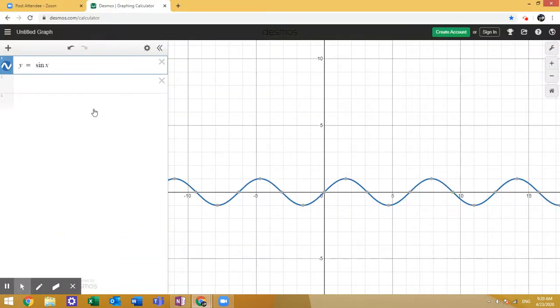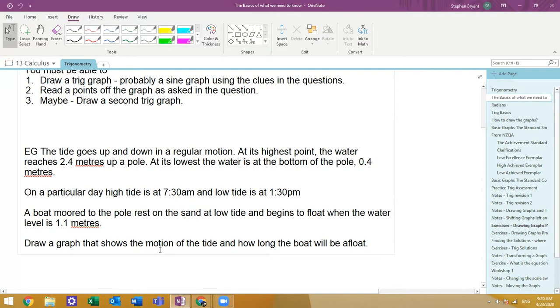I know my amplitude now is 2 meters divided by 2. I'm going to put them out the front just to show exactly which bits go where. So there's my 2 meters up and down, but I'm going to divide that by 2 to find the middle of my graph.